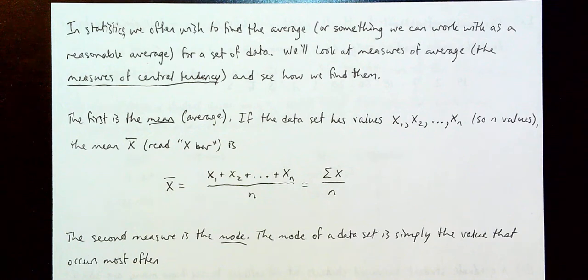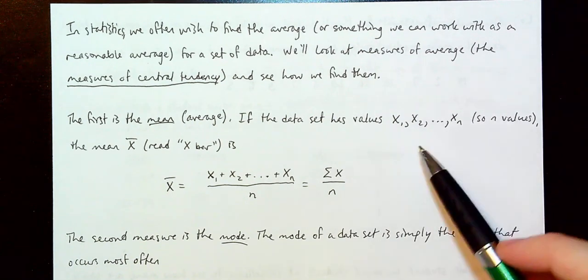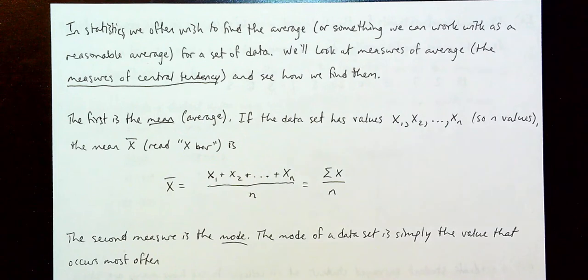If you have a set of data, it has these values, and let's label each of these values x1, x2, x3, x4, all the way up to and including xn. So in total, we have n values.